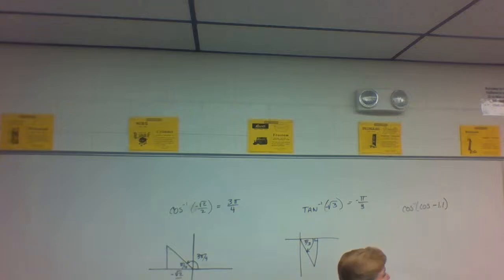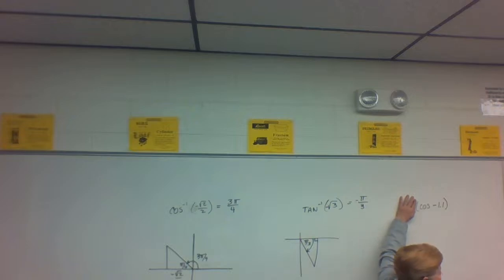Okay, guys, what do you suppose the cosine of negative 1.1 is? That is not a familiar angle. So we draw a picture. The cosine of negative 1.1 is, that's an angle, and so I'm going to open it up in the fourth quadrant. 1.1 radians is about to there.